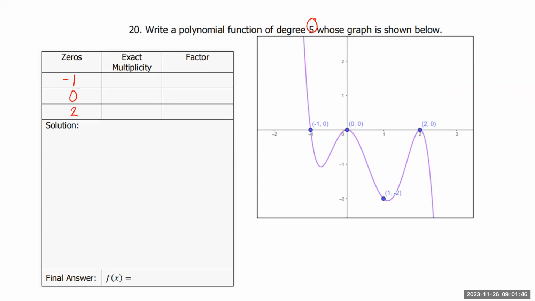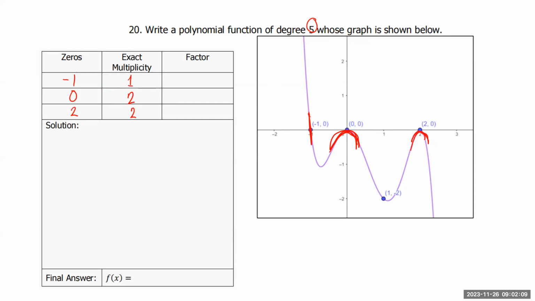Multiplicity of -1, this is 1, since it crosses the x-axis. For 0, this is 2, since it touches only. And for 2, this is also 2, since it touches only the x-axis.